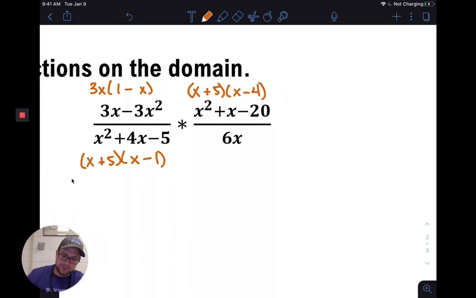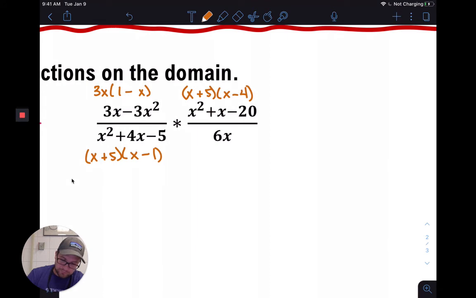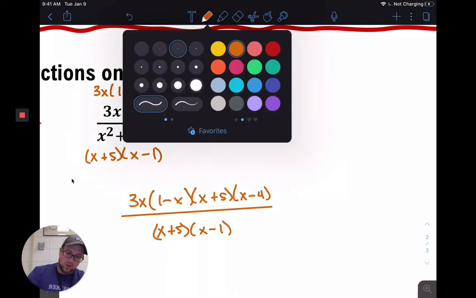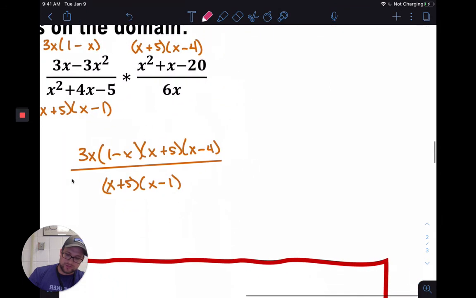So now we want to push these all together. When I do that, I will have 3x times 1 minus x, x plus 5, x minus 4, over 6x, an x plus 5, and an x minus 1. Now, ladies and gentlemen, once you've factored and pushed it all together, now is when we restrict our domain.